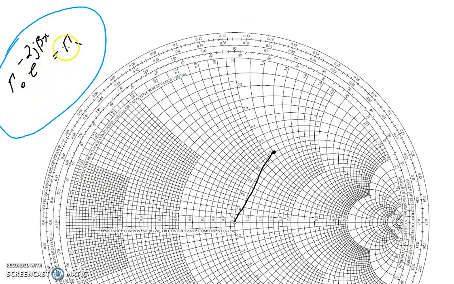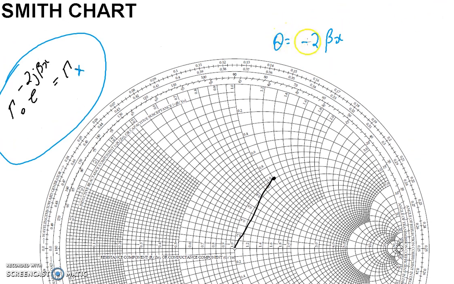So if you look here, this is Rx, the reflection coefficient at a distance x, and the term in the exponent of the exponential here is minus 2j beta x. So that's an angle. We can write that theta is equal to minus 2 beta x, which is our angle. So here we have a relationship between an angle and the distance, which is x.